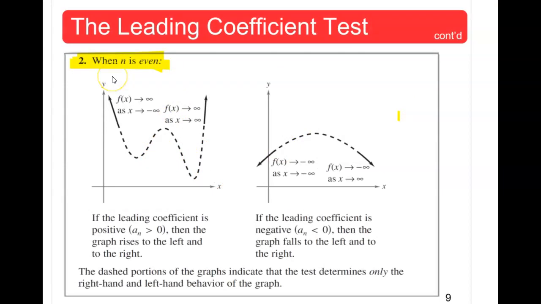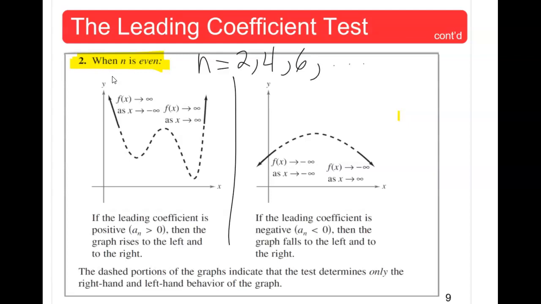So when the degree is even, that means that we have degree 2, 4, 6, and so on, right? So in this case, we will have, of course, two cases.